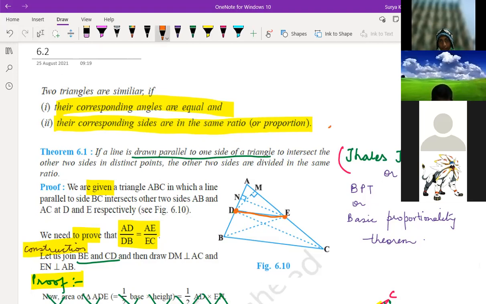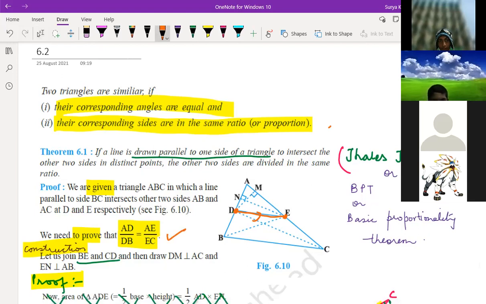Can you understand this? DE is parallel to BC, and this line intersects AB at D and AC at E. So we need to prove that AD by DB is equal to AE by EC.